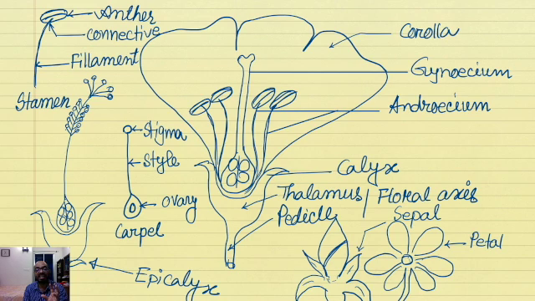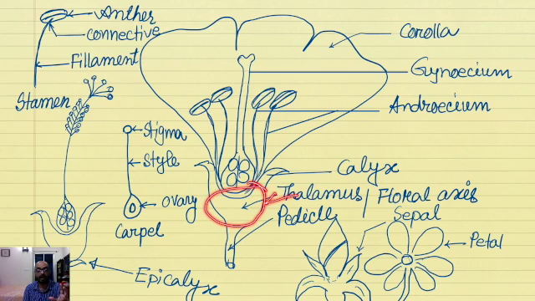The main function of calyx is protection from external unavoidable circumstances and formation of food. So they protect and produce food during the budding stage. Calyx may be separated or united. If it is united, it is known as calyx, and if separated, it is known as sepal.